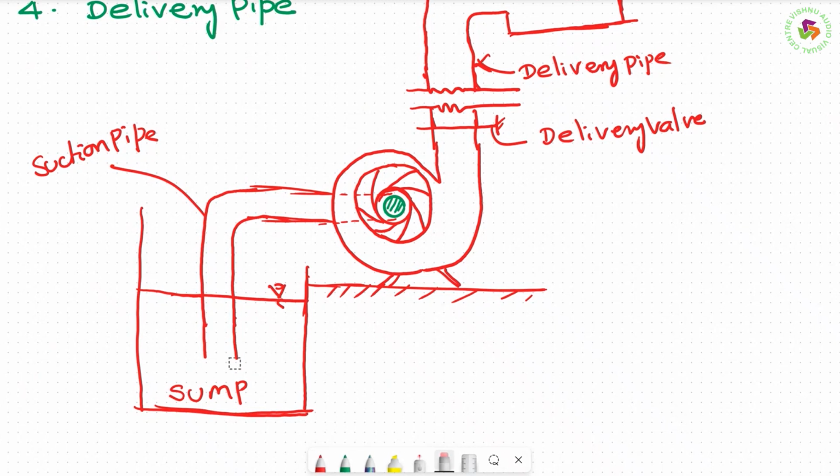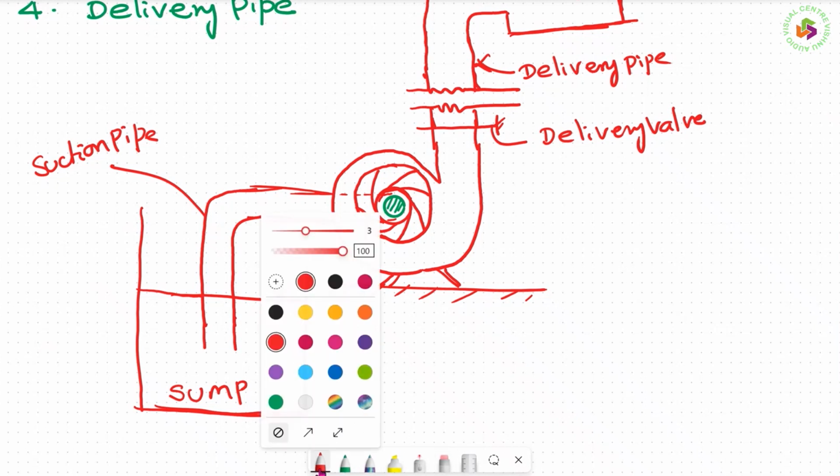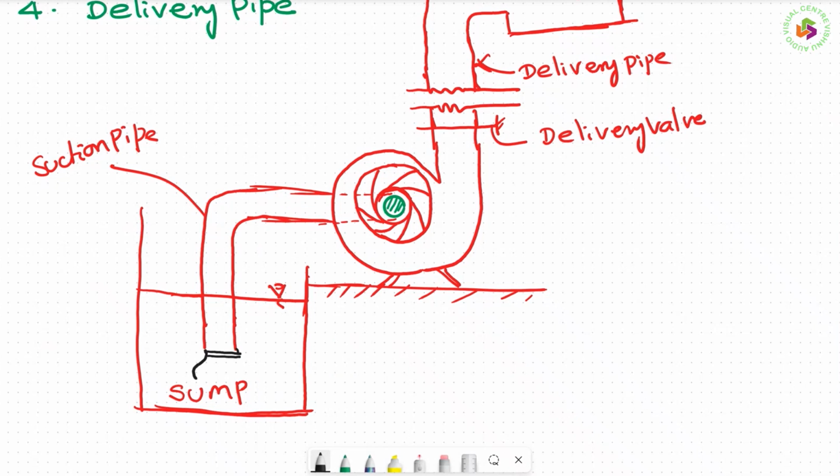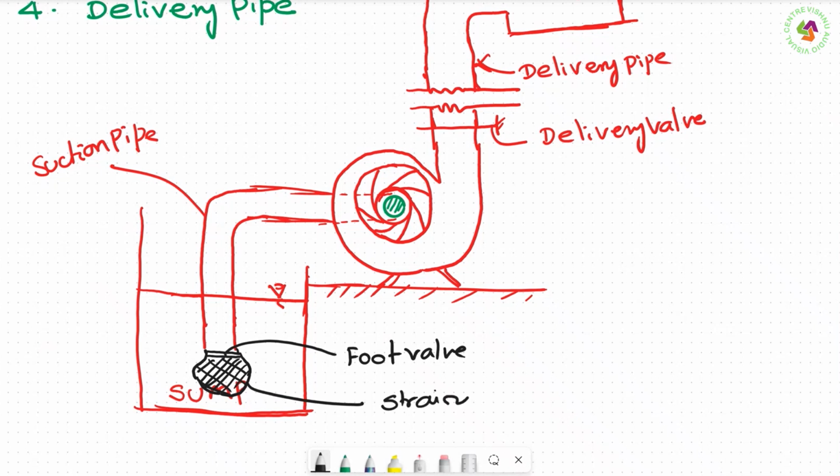But here at the bottom of the suction pipe, we have an arrangement which we call the foot valve and strainer, right? On this, we will have a vacuum gauge.